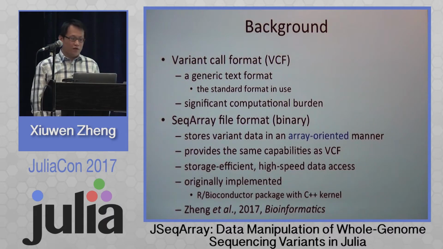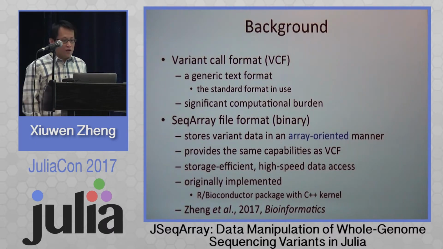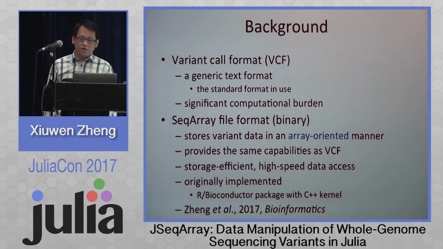Data analysis of whole genome sequencing requires a general file format for storing genetic variants. The Variant Call Format, VCF, is a generic and flexible format for storing DNA polymorphism, which was developed for the 1000 Genomes Project. It is the standard format in use today.